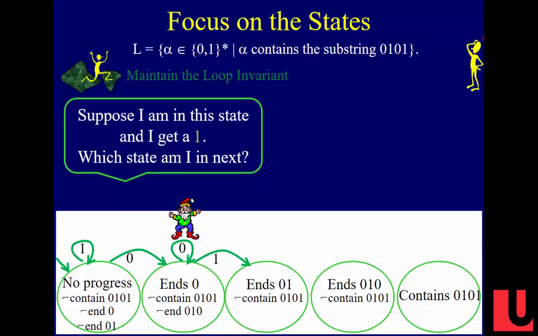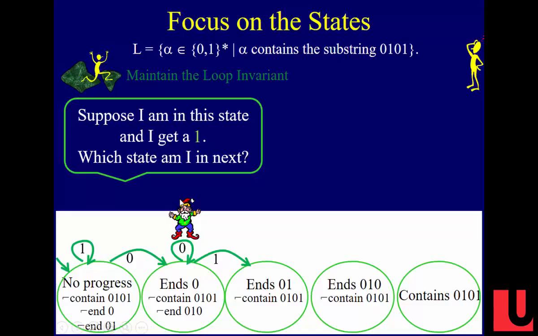Why didn't we go first time for 1 there? Oh, because it doesn't end in a 0. So here we have something that doesn't end in a 0, and it gets a 1. So we can't go there. In fact, if it ends in a 0 and we get a 1, then it ends in a 01, and that's here.